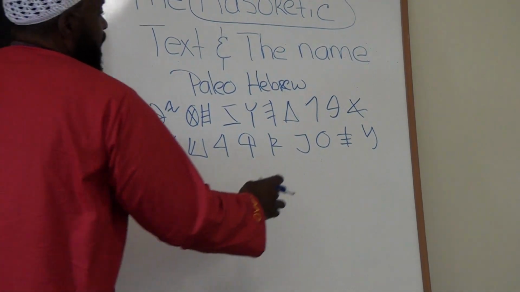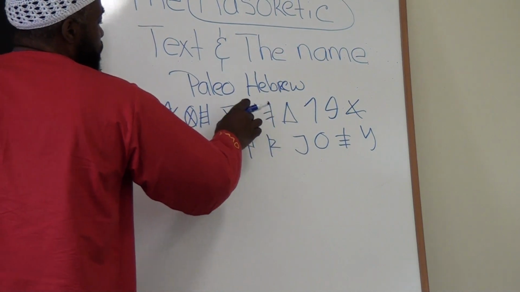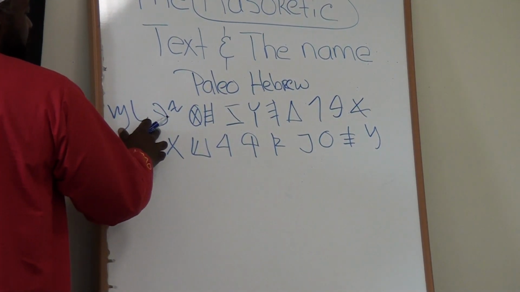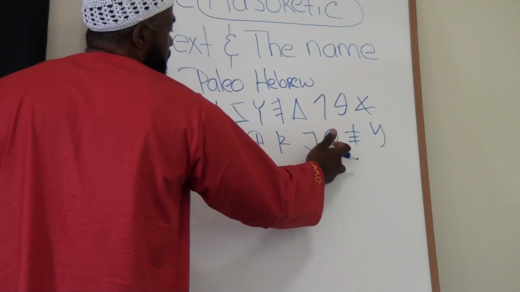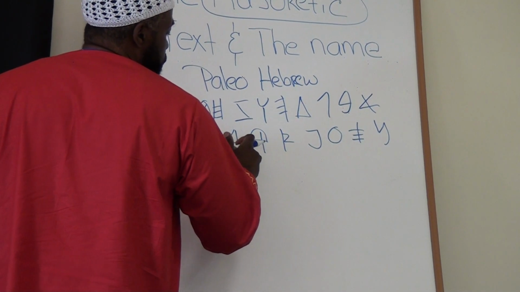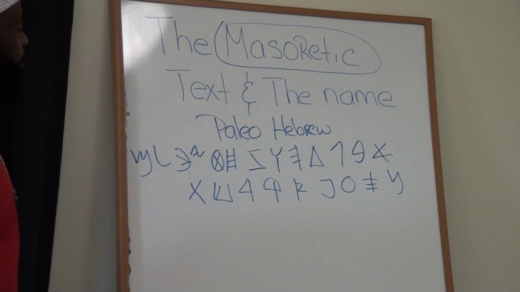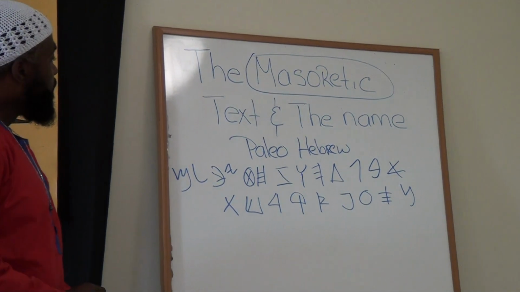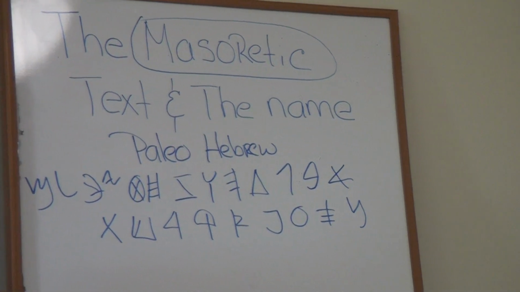We have the Aleph, the Bet, the Gimel, the Dalet, the Hey, the U, the Zayin, the Ket, the Ta, the Yod, the Kaf, the Lamed, the Mem, the Nun, the Samek, the Sadeh, Hey, Tazah, the Kuf, the Resh, the Shin, and the Ta. That would be your Paleo Hebrew, but my handwriting is sloppy, so this is how your imam would actually share this with you as you're growing up.